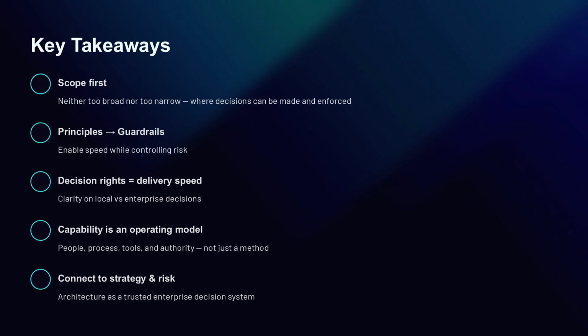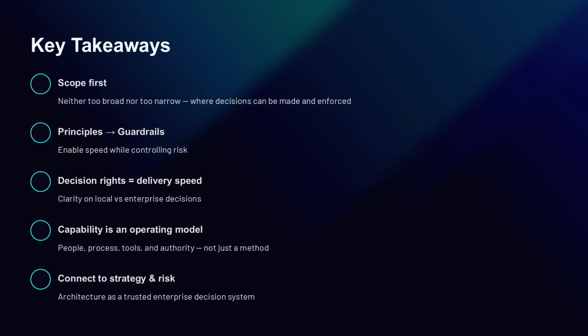You learned that the preliminary phase is where you set the conditions that determine whether enterprise architecture will succeed or fail in real delivery. You learned that your first leadership move is defining enterprise scope so architecture is neither too broad to execute nor too narrow to protect enterprise outcomes.